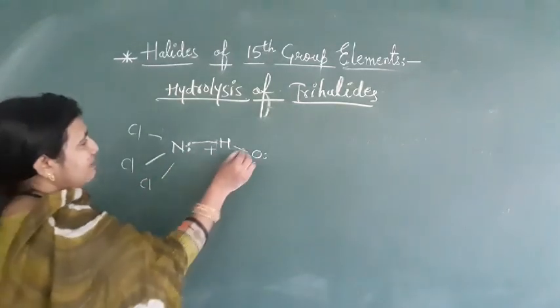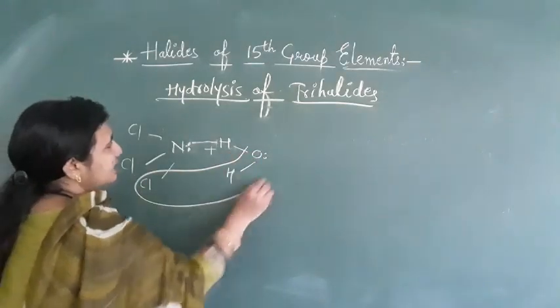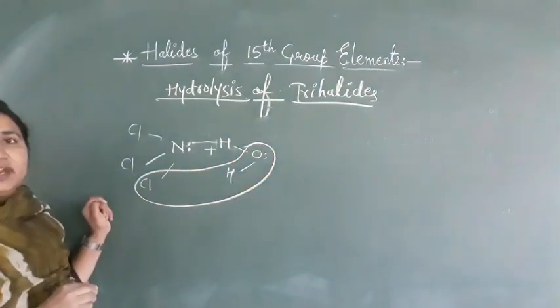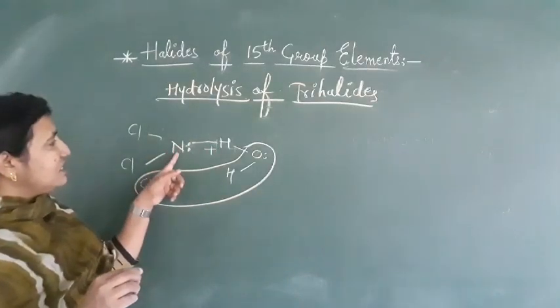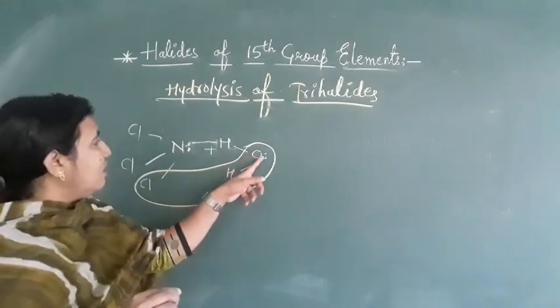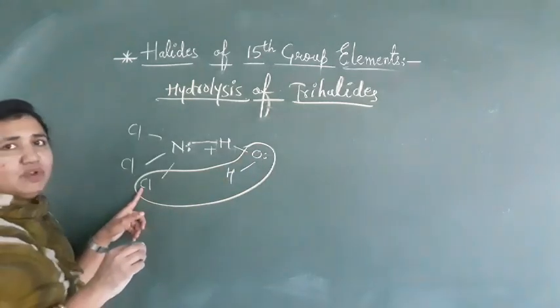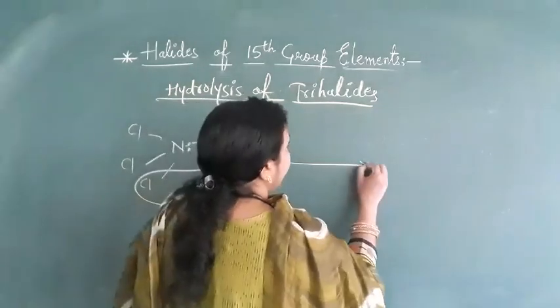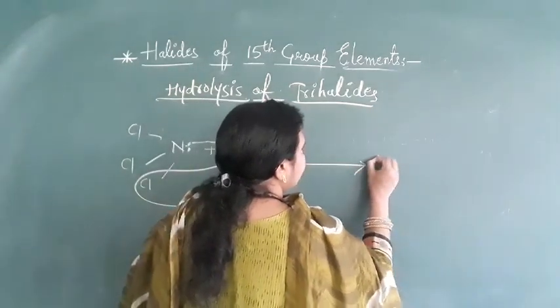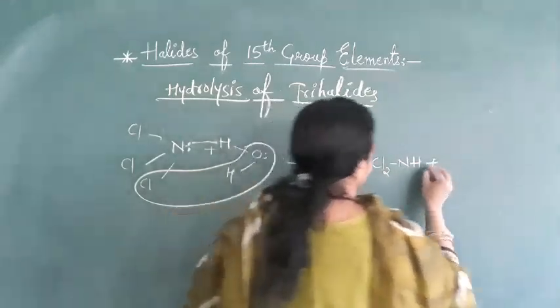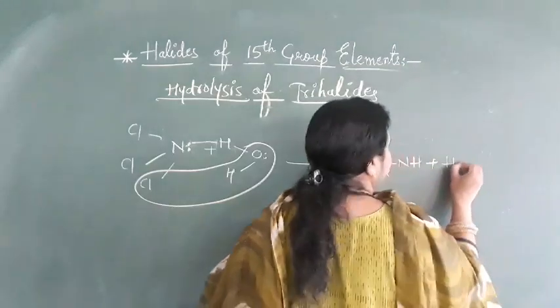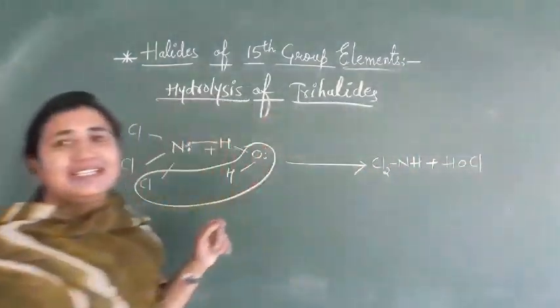At the same time, this HO and Cl will be removed. So this hydrogen will attach with this nitrogen, and this OH and Cl will be removed as HOCl. So we will get Cl2NH plus HOCl, hypochlorous acid.